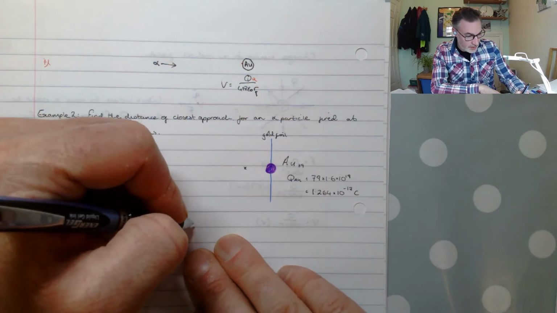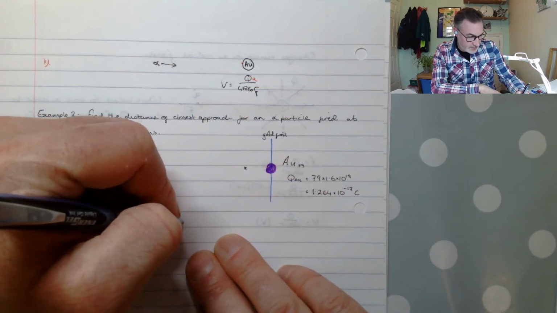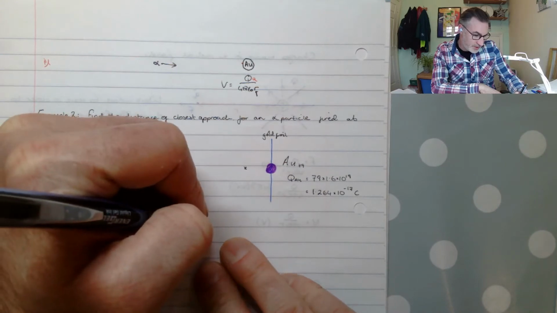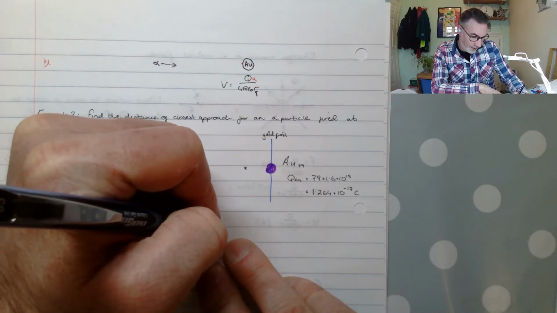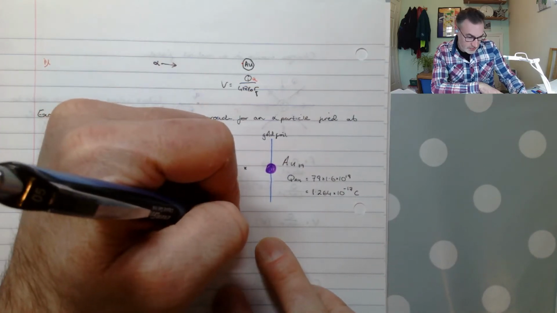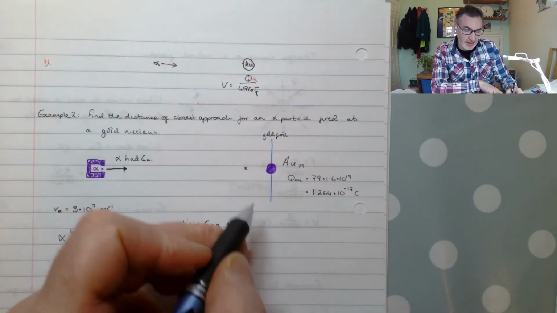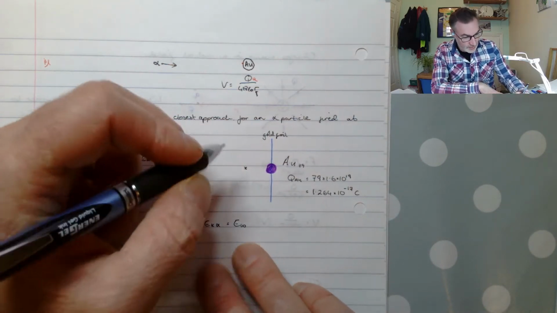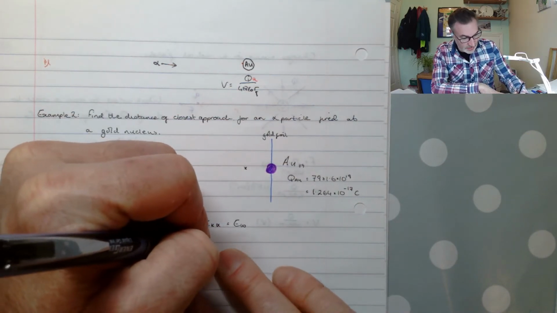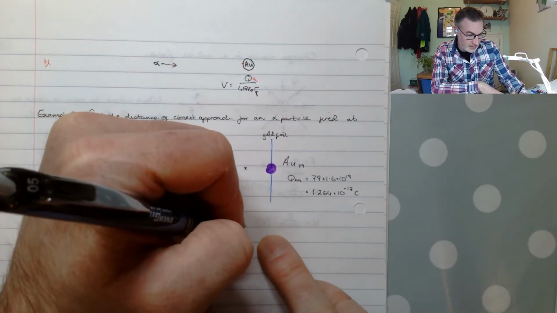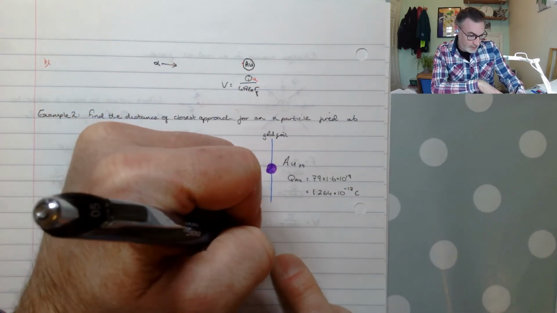Now, so we'll have our initial EK of the alpha particle equal to the work done against the electric field. And this is going to give us half mv squared, which is equal to qV.